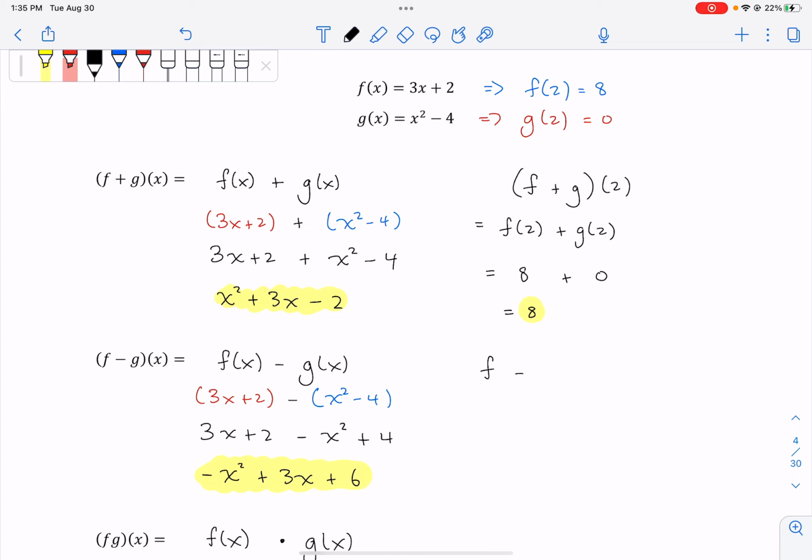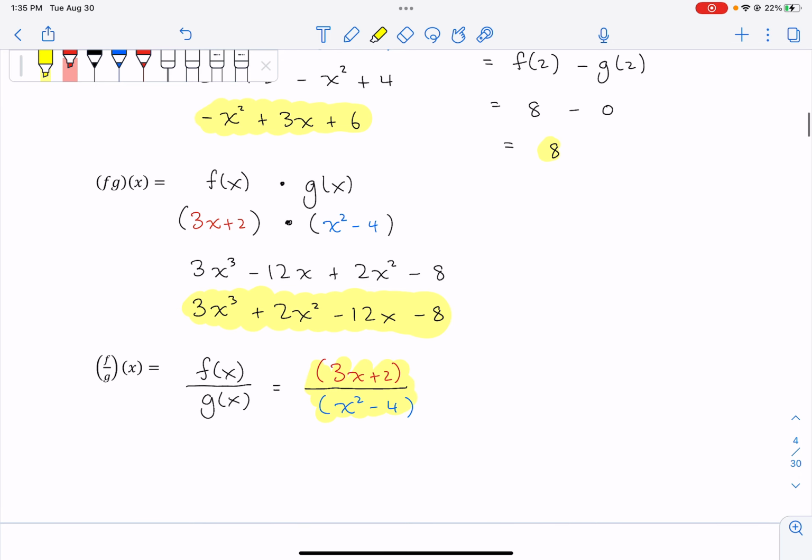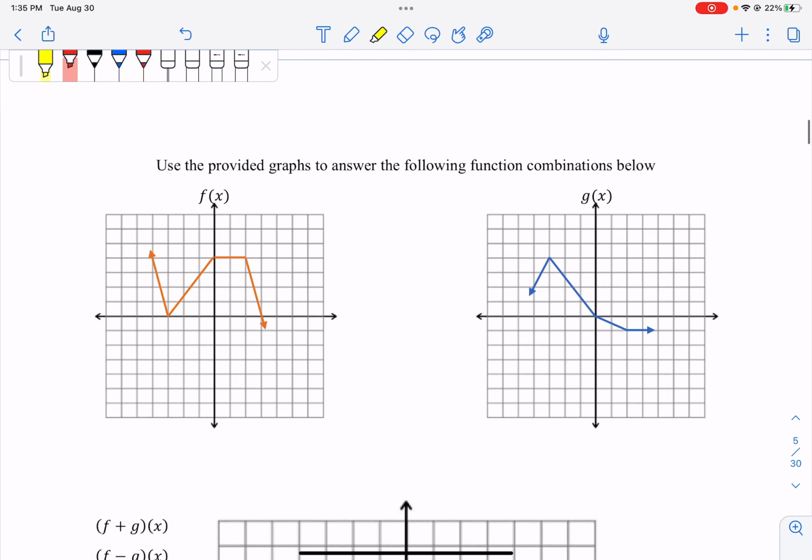So f minus g of 2 is the same thing as f of 2 minus g of 2, which is 8 minus 0, which is still 8. Okay, this is a very boring example. I'm not going to go over multiplication and division because you should know how to do that already.